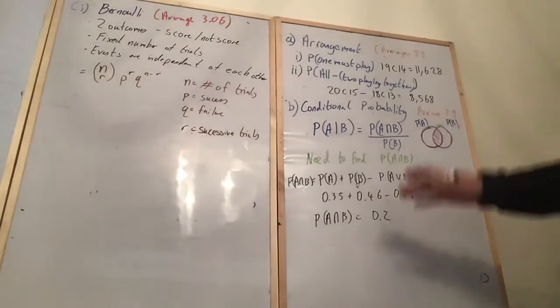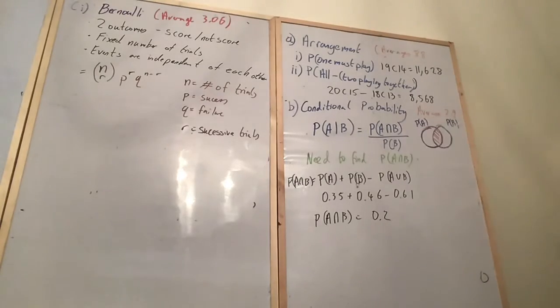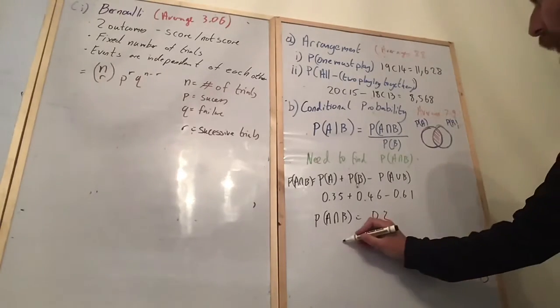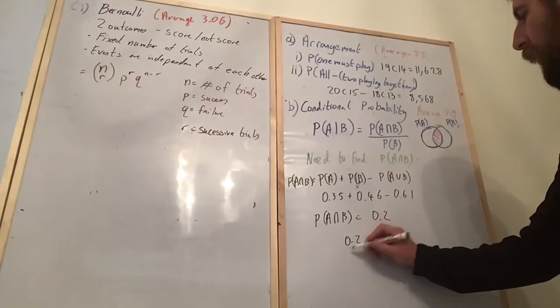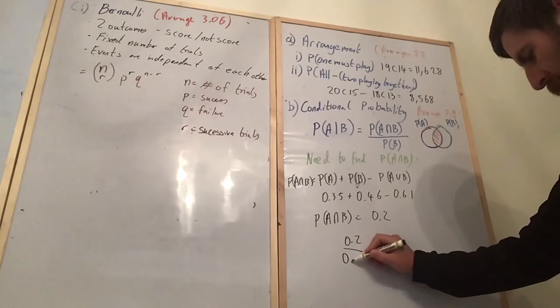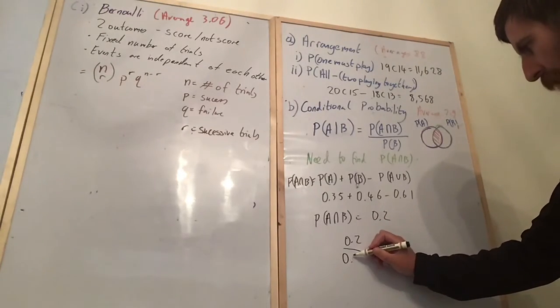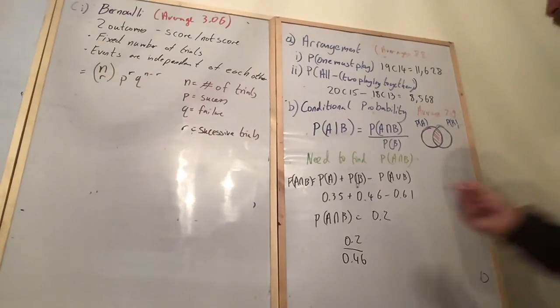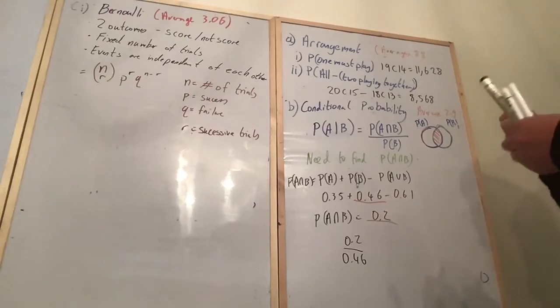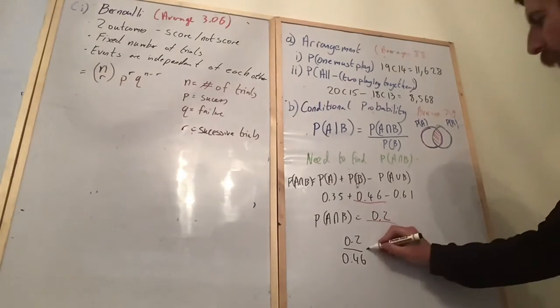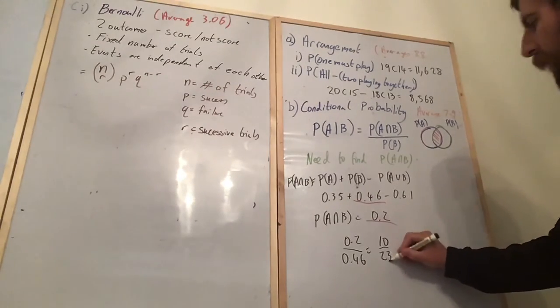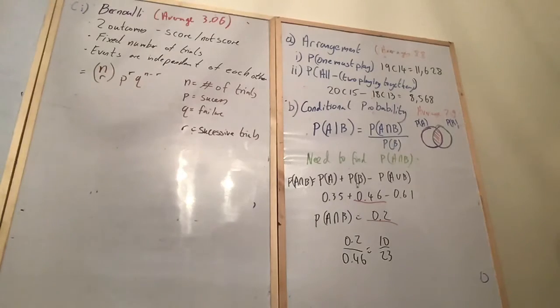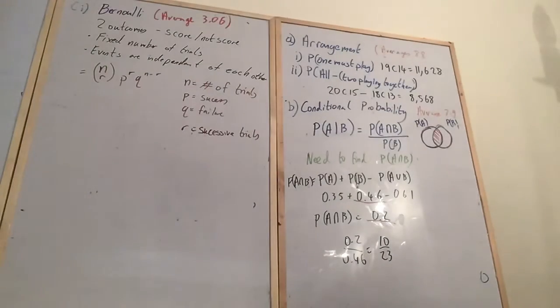And then we sub it back into our first formula up here, which is 0.2 all over 0.46, which is your P of B, which simplifies to give 10 over 23. So as I was saying, quite well answered. That was on average 7.9 out of 10.